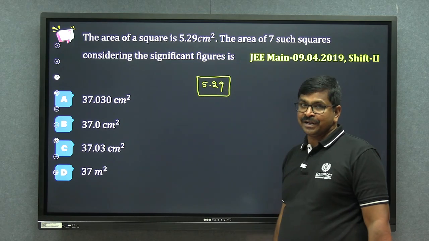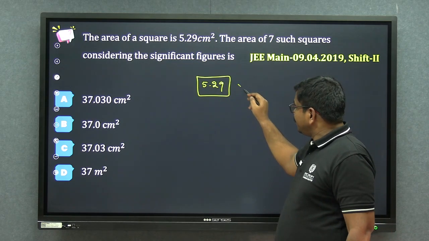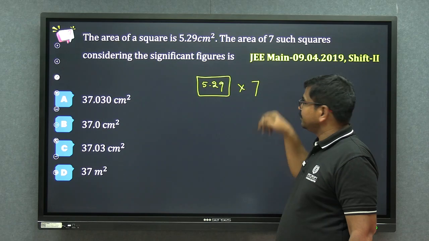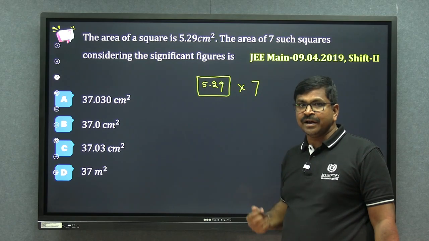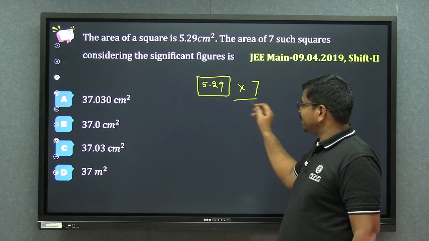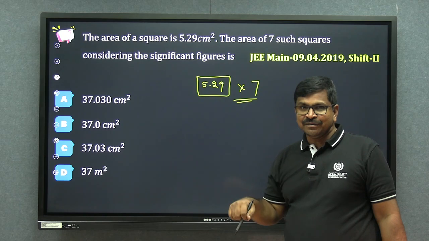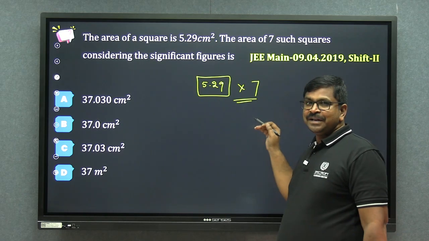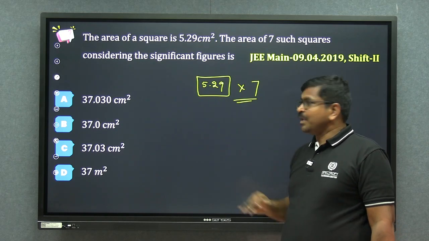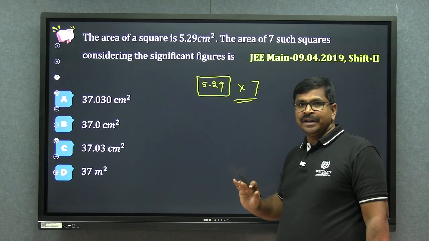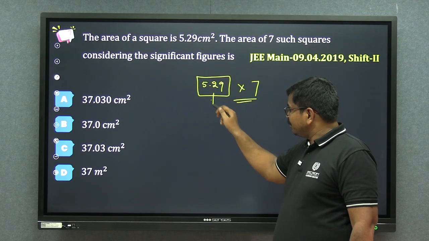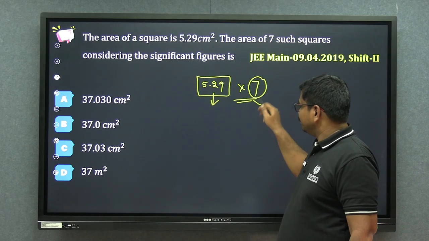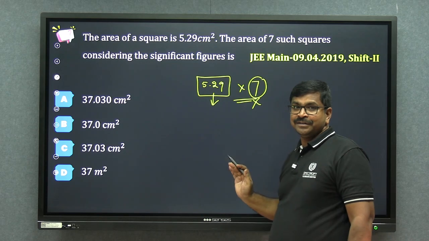And how many squares are there like that? 7. So usually we think it is multiplication. In multiplication, how should the answer be? Least significant figures. But here, technically, this is the measured value and this is not a measured value. So we should not use that technique.